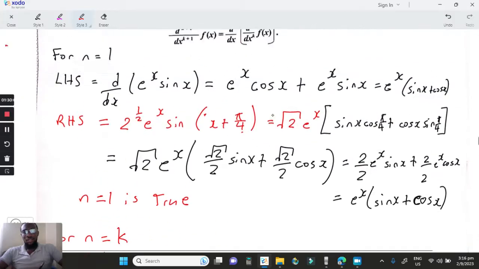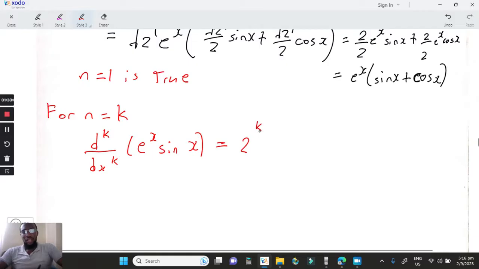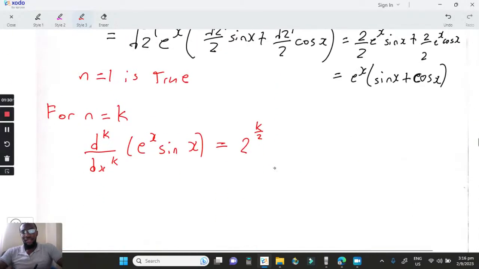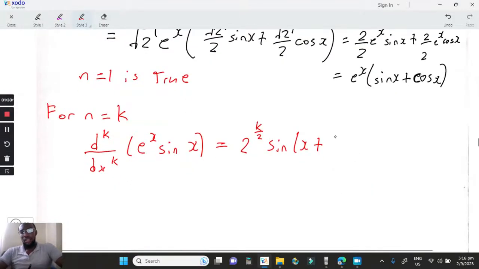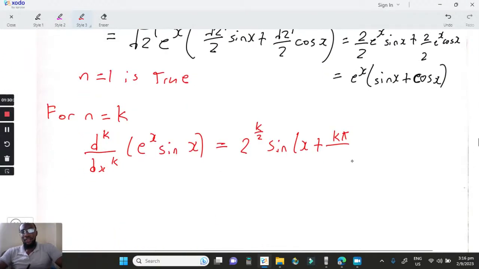It's equal to, where n is, we'll put k, that's 2 to the k over 2 sine in bracket x plus k pi over 4. And we assume that this is true. So we assume true.